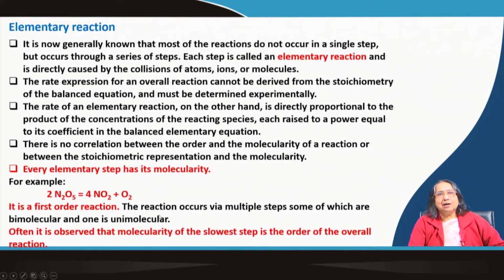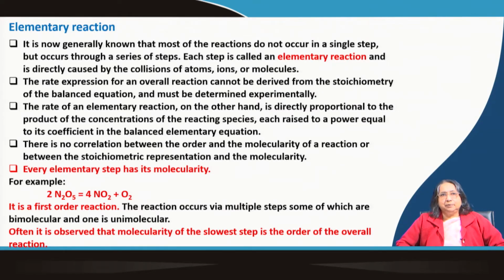Why is it not matching? Because the reaction occurs by multiple steps, some of which are bimolecular and one is unimolecular. And all the steps are not occurring at equal speed, that is another thing. Some are slow, some are fast. So, how to determine the molecularity and how to determine the order?